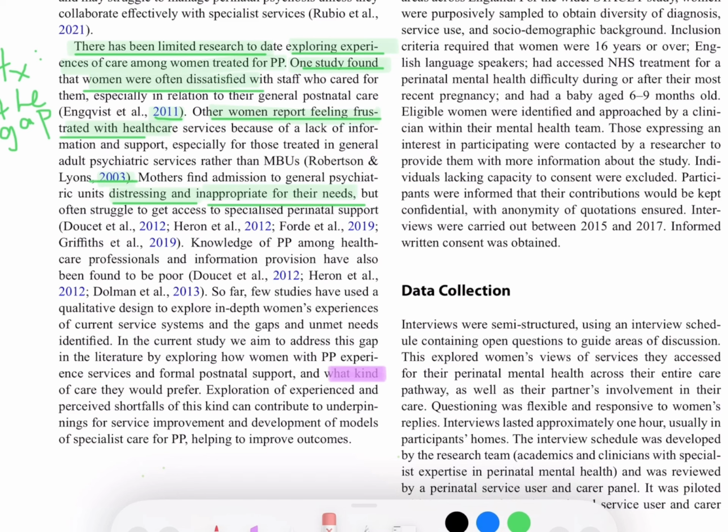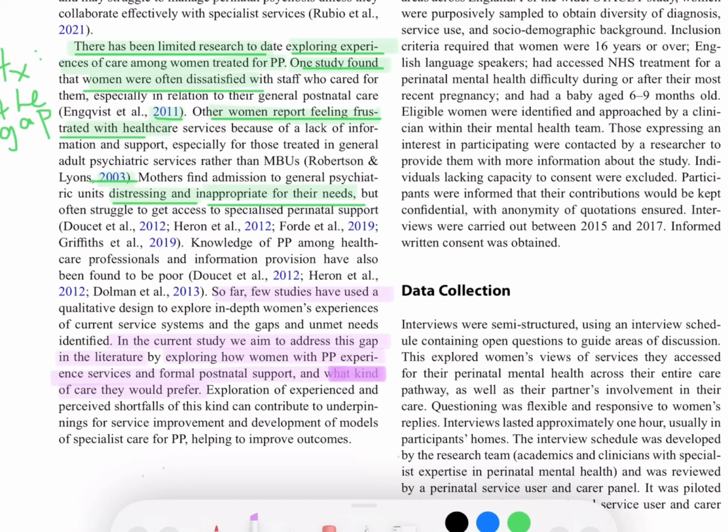I'll underline that again so that you can see the language involved. So, in the current study, we aim to address this gap in the literature about treatment, exploring how women with PP experience the services and support, and what kind of care they prefer.